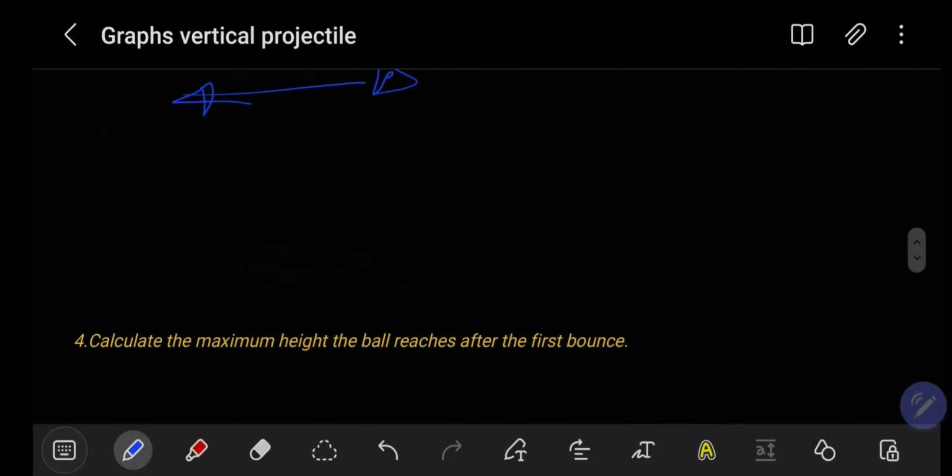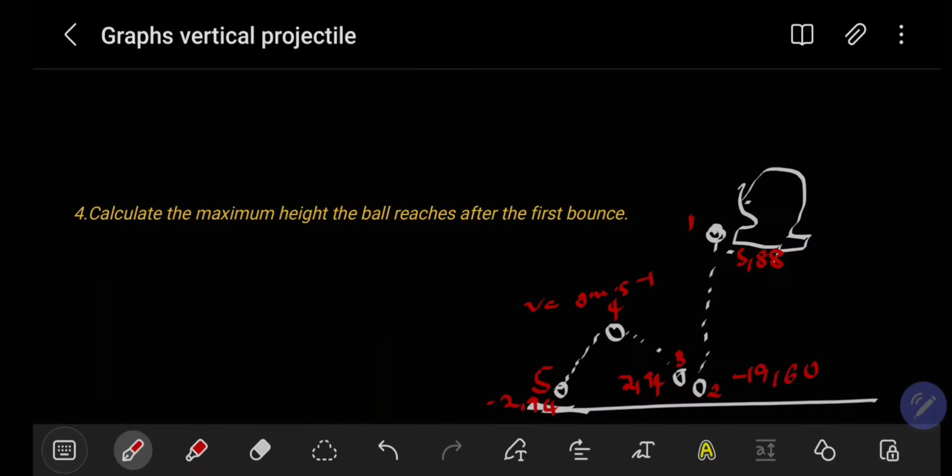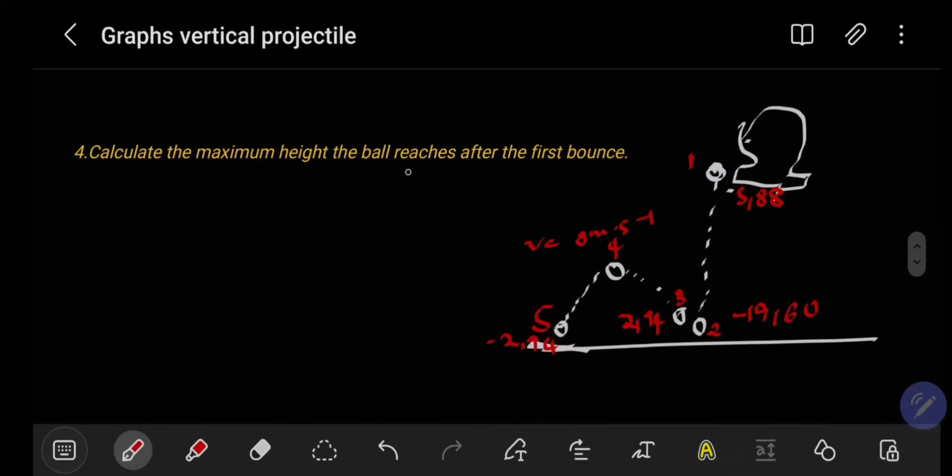So let's go to the next question. It says calculate the maximum height the ball reached after the first bounce. So they want the maximum height of the ball for the first bounce. The ball bounces at point 3, and its maximum height is at point 4. They want the displacement there.